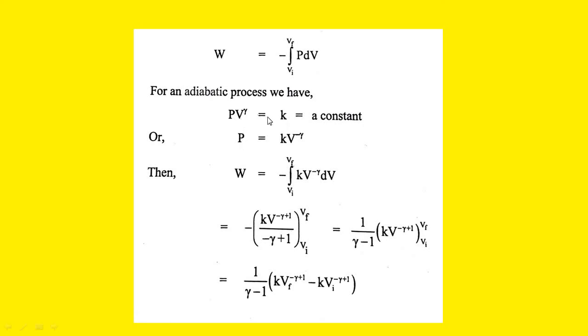From this, P equals K by V raised to gamma, or you can write it as K into V raised to minus gamma. So work done is minus integral Vi to Vf K V raised to minus gamma dV.